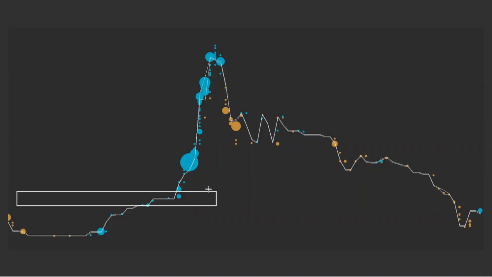So these blue circles here represent market buying of a particular size, so big market buy orders, most of which are likely stops.